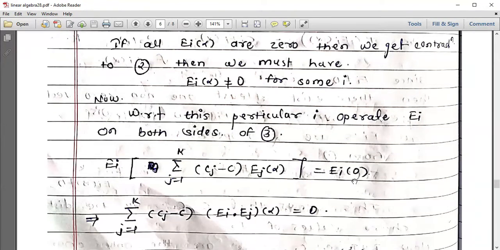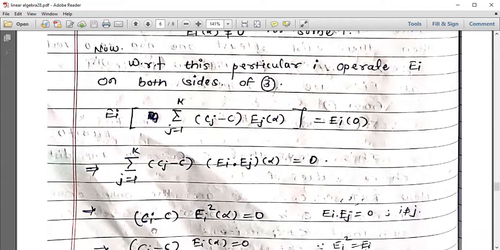Ei of 0 is 0, since under linearity 0 maps to 0. And the left side is summation j equal to 1 to k of Cj minus C times Ei Ej of alpha. Why? Because Ei is a linear operator. Here j runs from 1 to k and Ei is a linear operator, hence we can write it inside the bracket.